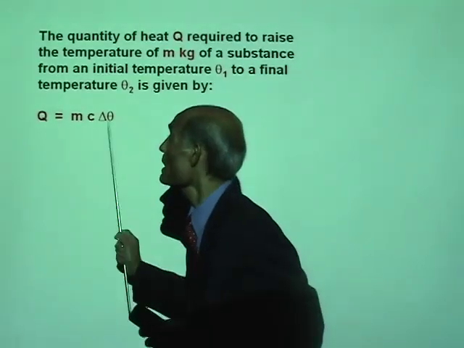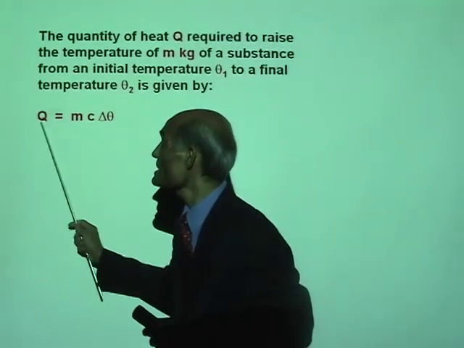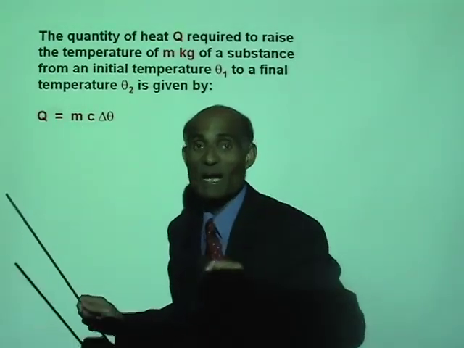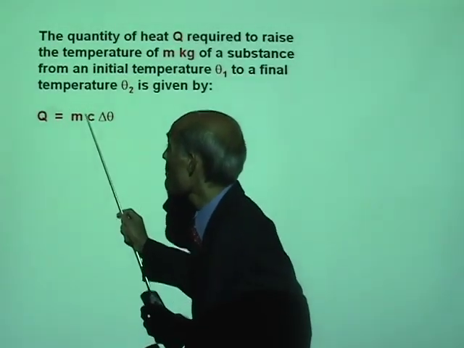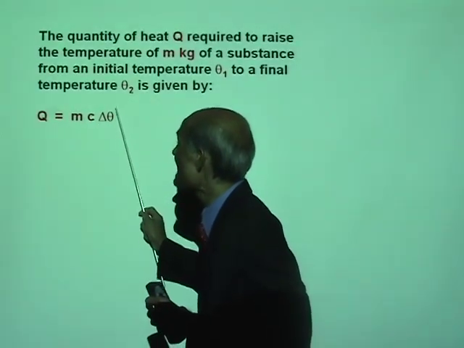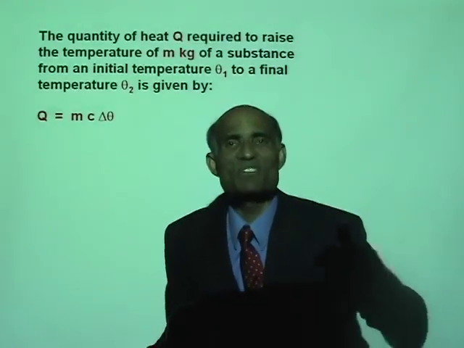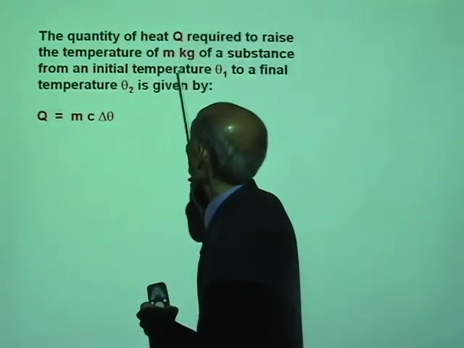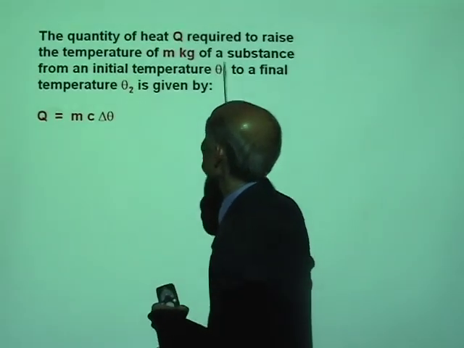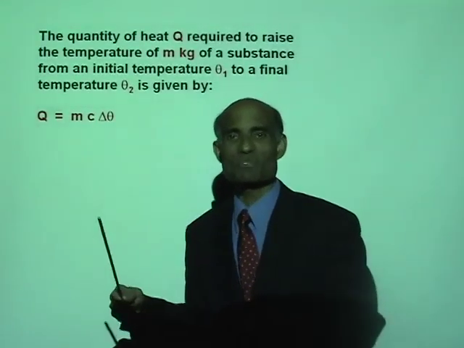Now this is the formula, and I want you to take note of that. The quantity of heat that you need to supply to m kilogram of a substance to increase its temperature by delta theta. What does delta theta stand for? The change in temperature. In here, it will be theta 2 minus theta 1.